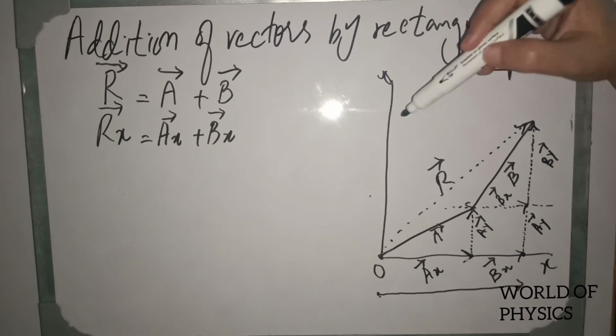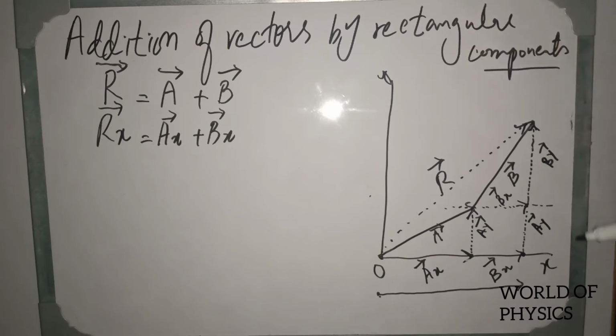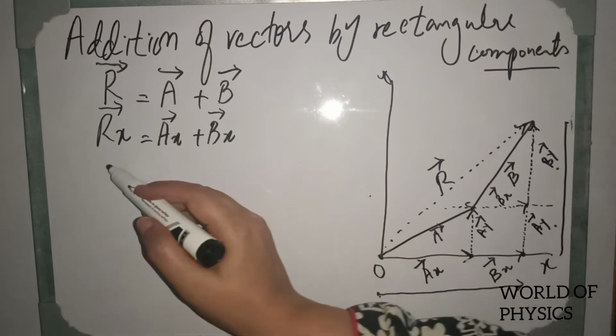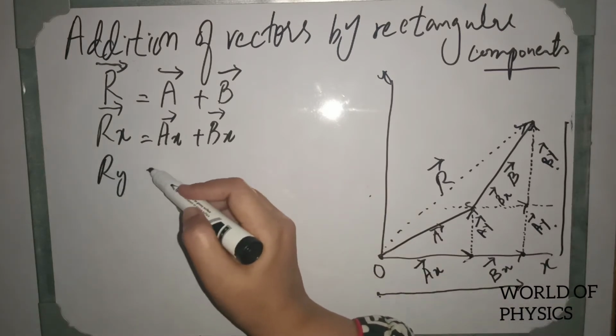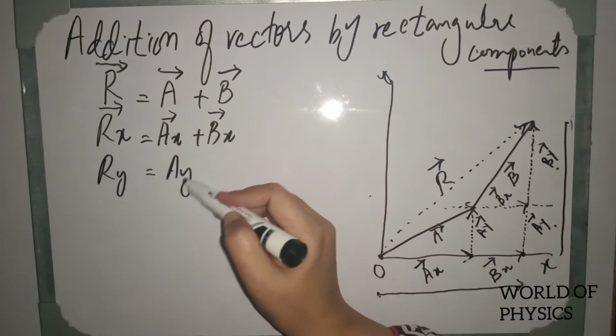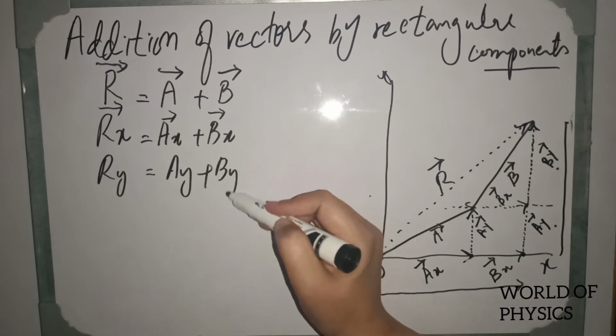Just like this, come to the y component of R. This is the y component of R, and you can get this component by adding Ay and By, and we can write down Ry is equal to Ay plus By.